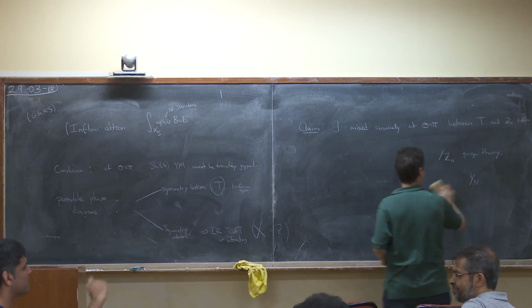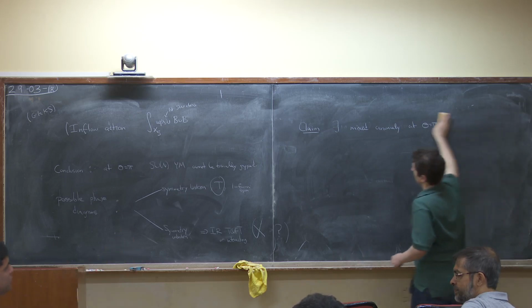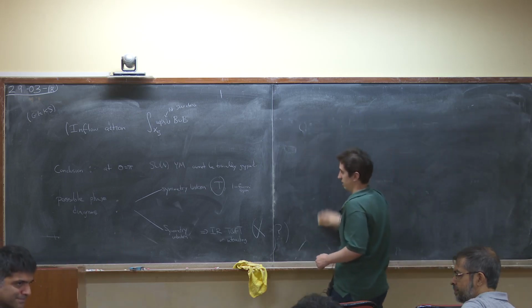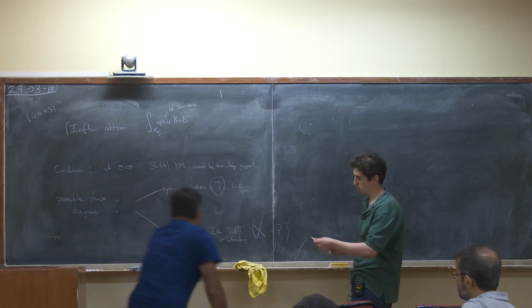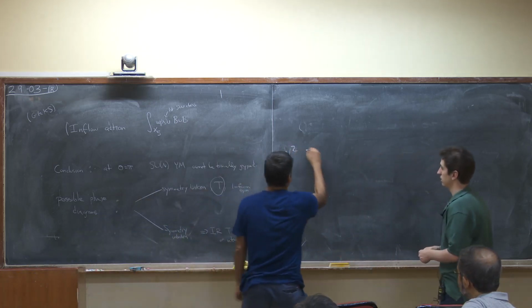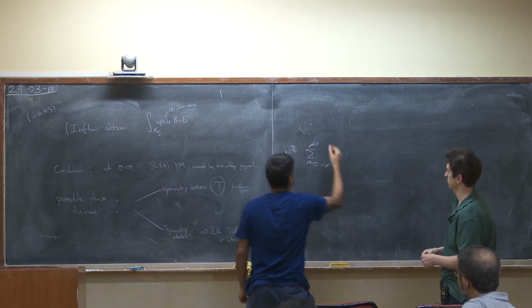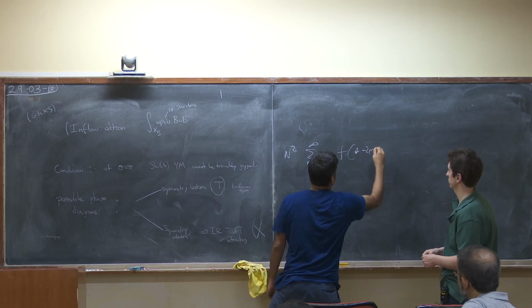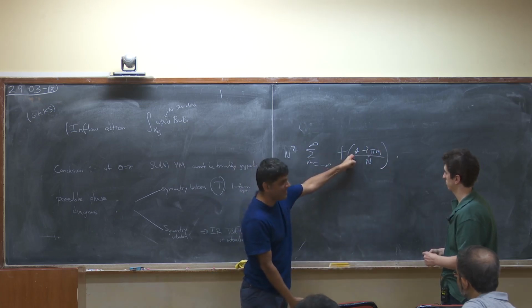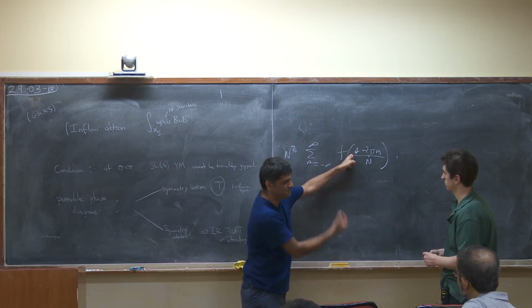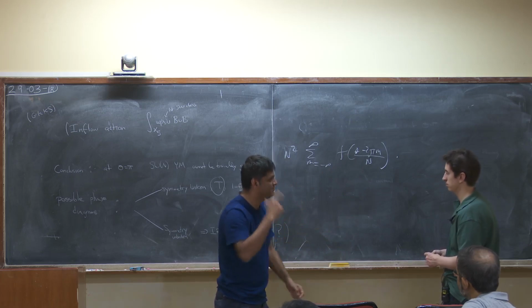Okay, so large-N analysis tells you that each of these functions is N squared times f of theta over N. Now to make it periodic in theta, the only reasonable possibility is N squared times the sum over all the branches, the sum over m from minus infinity to infinity of f of (theta minus 2 pi m) over N. Now we know that this f function has a minimum at 0, just because theta and minus theta are the same by time reversal.